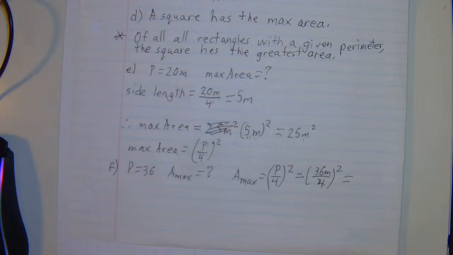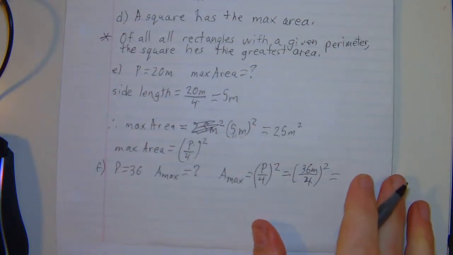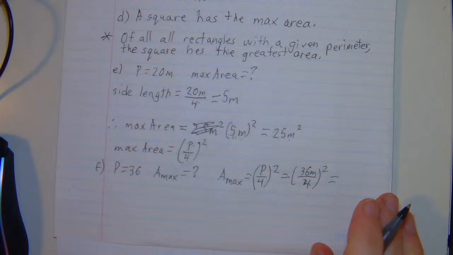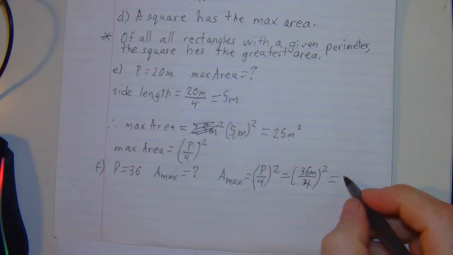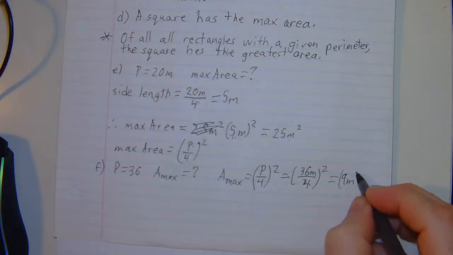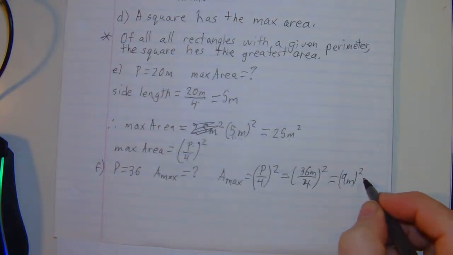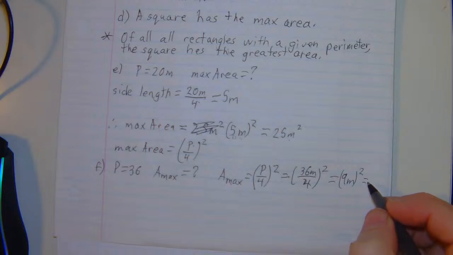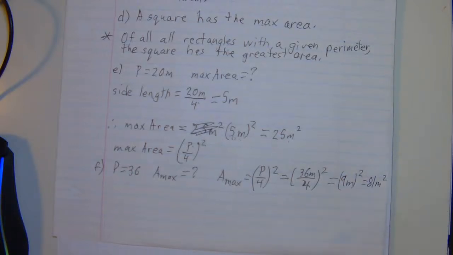Thank you, Nina. Thank you, Owen. Thank you, Alan. So we do indeed get 9 meters all squared. And when we square our 9 meters, thank you, Owen and Adam, we do indeed get 81 meters squared.